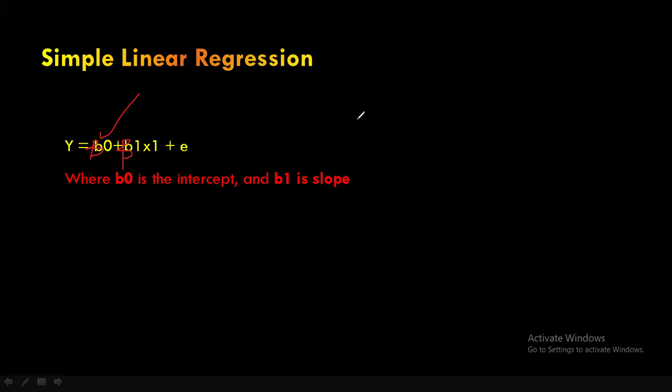That is the linear algebraic equation. The same thing here: instead of c I'm using beta naught, and for m I'm using beta 1, with x1, plus e, which is an error. This is the simple linear regression equation.